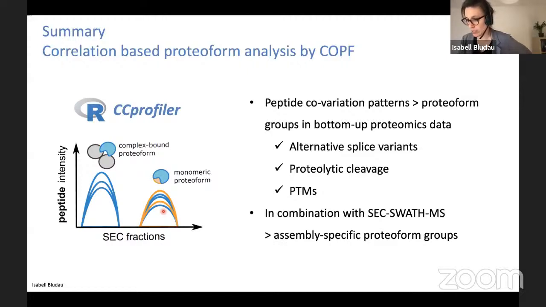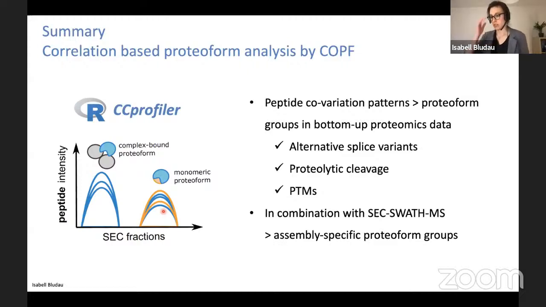Then one other question, how does the SEC-SWATH approach compare to genomics-driven proteoform discovery? I guess the SEC-SWATH filters for functional differences of proteoforms. Yeah, I guess with the genomics-driven approaches, you're referring to RNA sequencing approaches for alternative splicing, for example. What we saw is that we can, of course, only see a fraction of what can be discovered by genomic approaches.